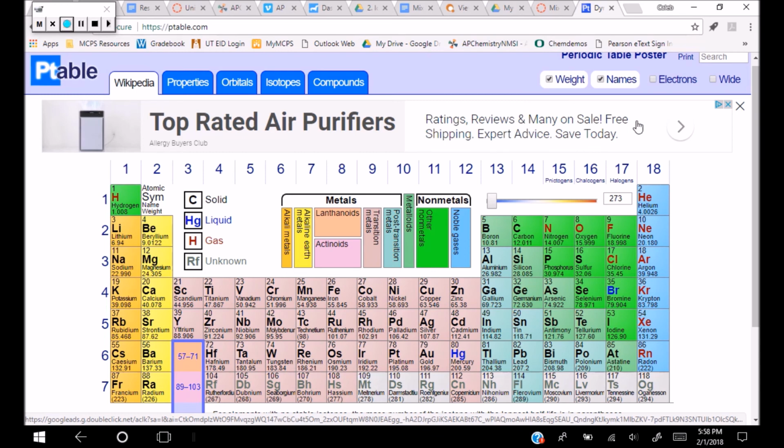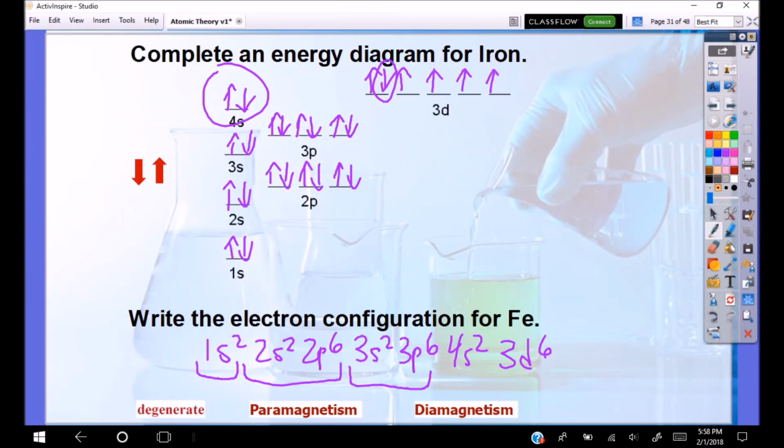You can use the noble gas of the previous level to write a shorthand. You can condense this and say argon 4s2 3d6, and that would give you your noble gas shorthand. That would be a valid answer for iron.